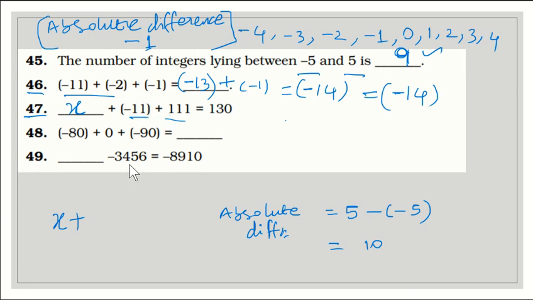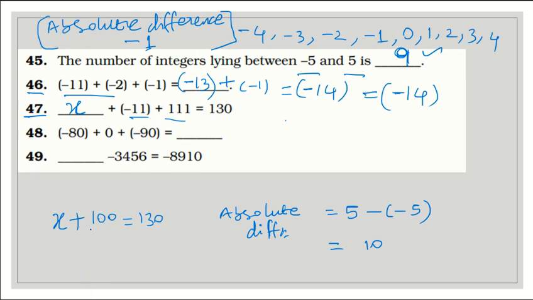So we have this positive 111 added to -11, which is just doing subtraction. So 11 less than 111 is 100, equals 130.